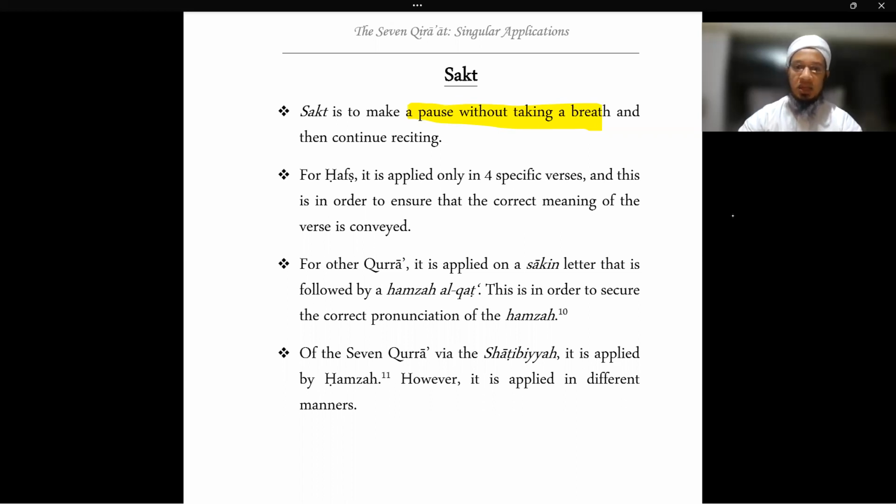For other qurra, sakt is applied on a sakin letter that is followed by a hamzatul qat. So you have a sakin letter, after it comes a hamzatul qat, then on the sakin letter, a sakta will be applied. And again, this is now to secure the correct pronunciation of the hamza.